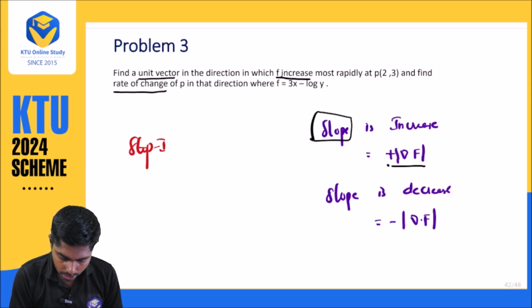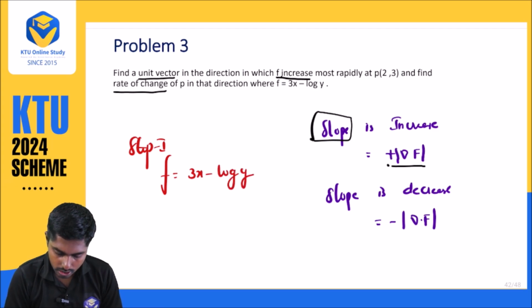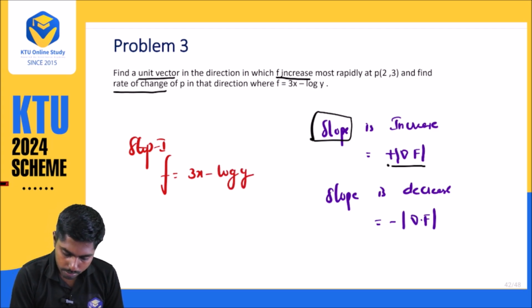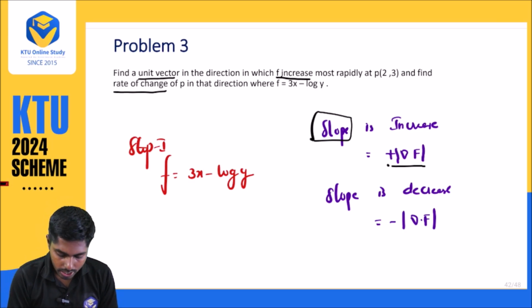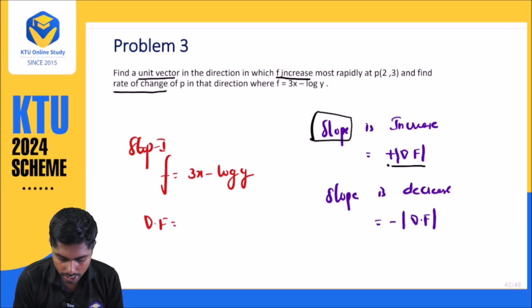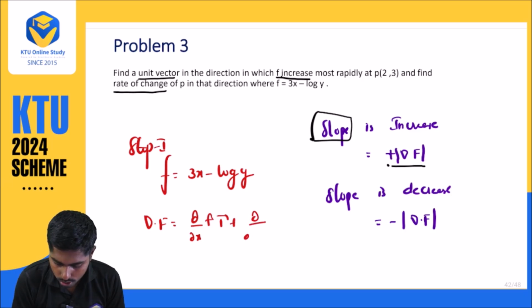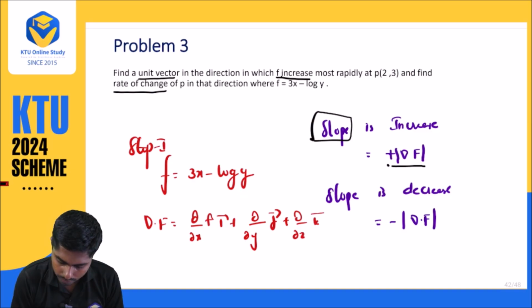F is given, that is 3x minus log y. And they ask for the unit vector in the direction, which means they are indicating grad f. What is grad f? That is dou by dou x of f i vector plus dou by dou y of f j vector plus dou by dou z of f k vector.